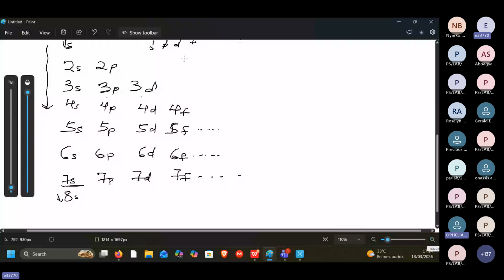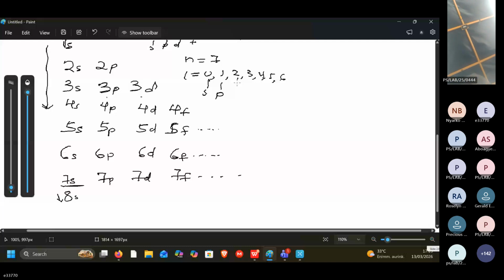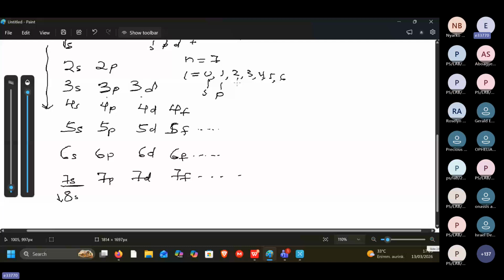So where is s, where is p, where is d, where is f? After f, the letters continue theoretically: g, h, i, j, k, l, and so on, but they don't exist. Okay, thank you, sir. Yeah, theoretically we can start with that; that's why f becomes the fundamental. So we have g, h, i, j, but they don't exist.